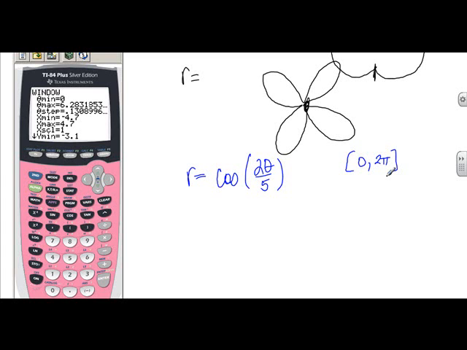So what to do? Typically 0 to 2 pi works okay in all the other examples we've looked at.